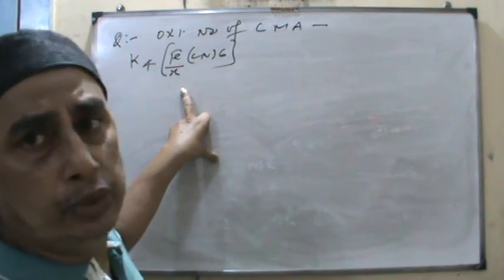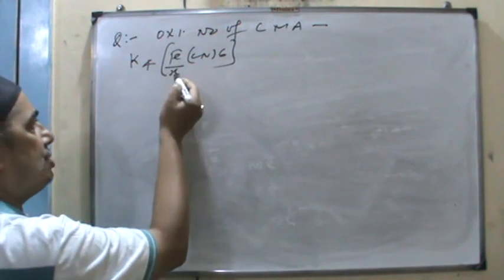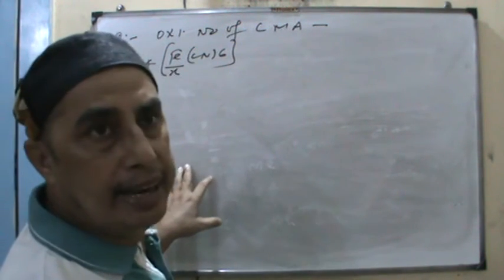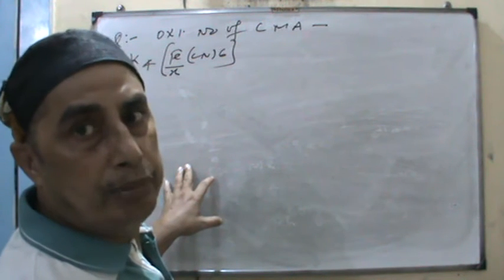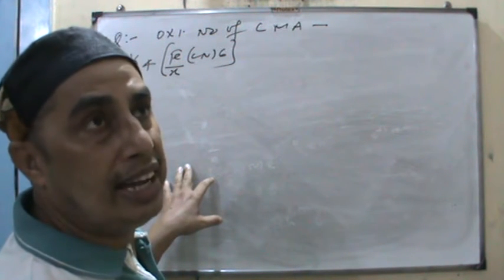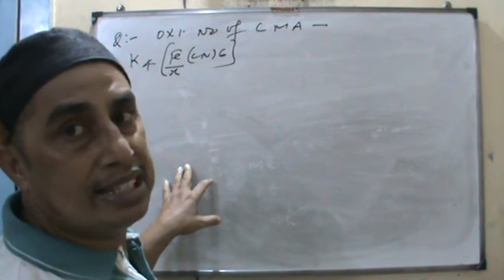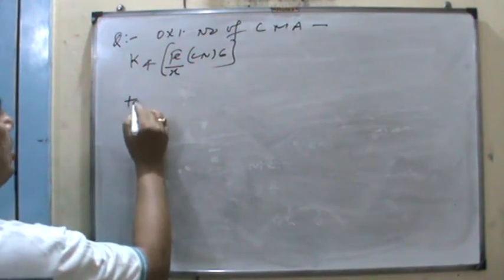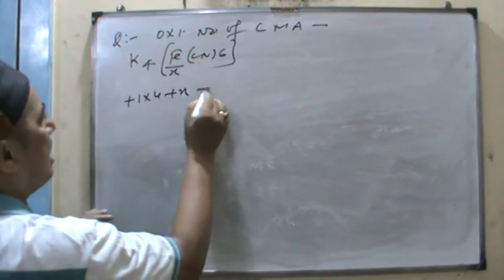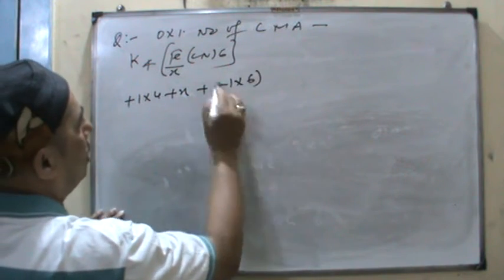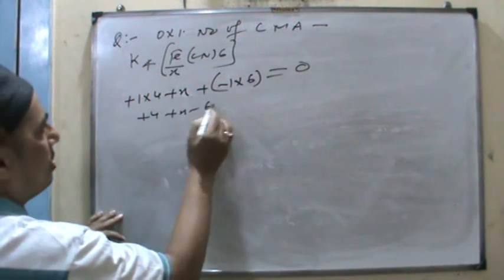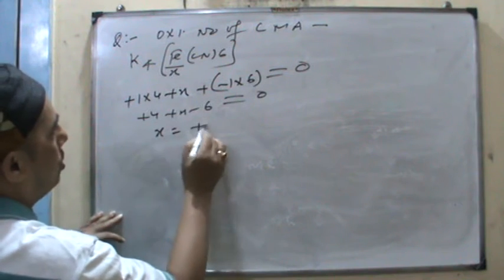That is very much asked in questions. So iron is taken to be X, potassium +1 charge. You remember in 11th class, alkali metals, sodium, potassium, +1 oxidation state, and alkaline earth metals, calcium, beryllium, magnesium, +2 oxidation state. Alright? Okay. +1 into 4, +X, cyanide contains 1 negative charge. The sum is taken to be 0, +4 +X -6 equal to 0, X is equal to what?